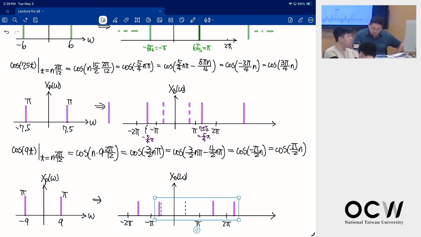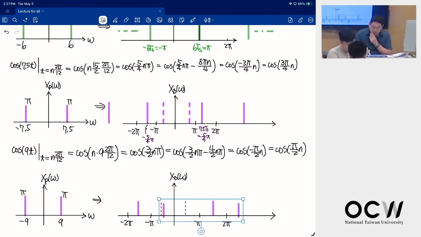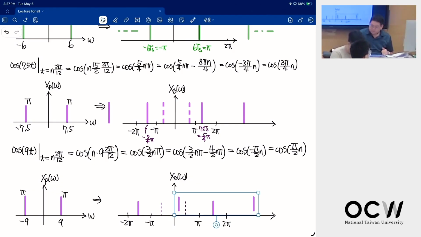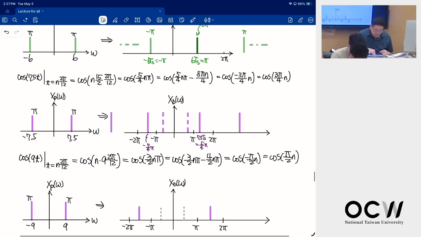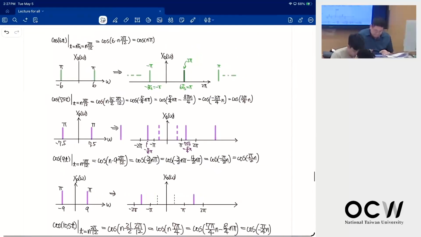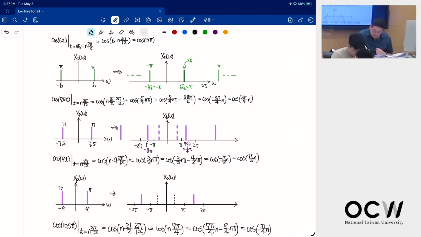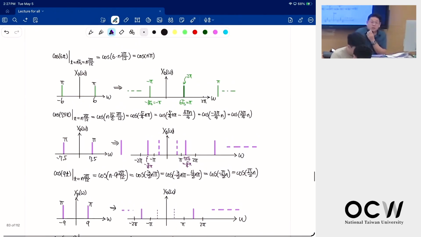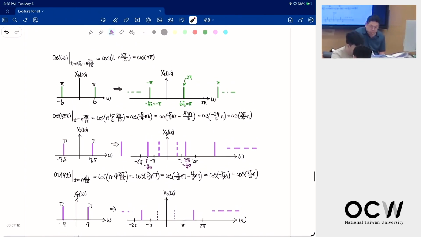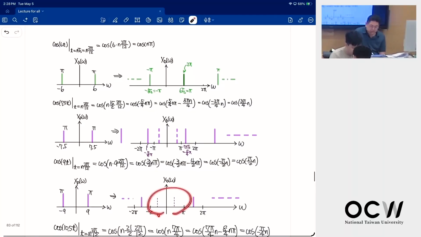So that's why we see these two, the dotted lines. Remember that they are periodic. Make sure that you can also plot that by yourself, so you will see why we have aliasing.